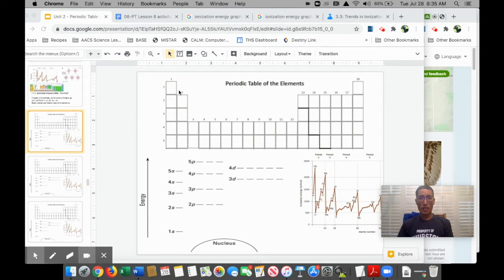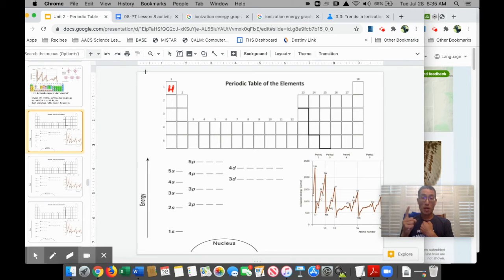So if I start with hydrogen, the first element, it's got one electron. Electrons like to go into the lowest energy level possible to start. They start filling in, and so the lowest energy level is the 1s, energy level 1.